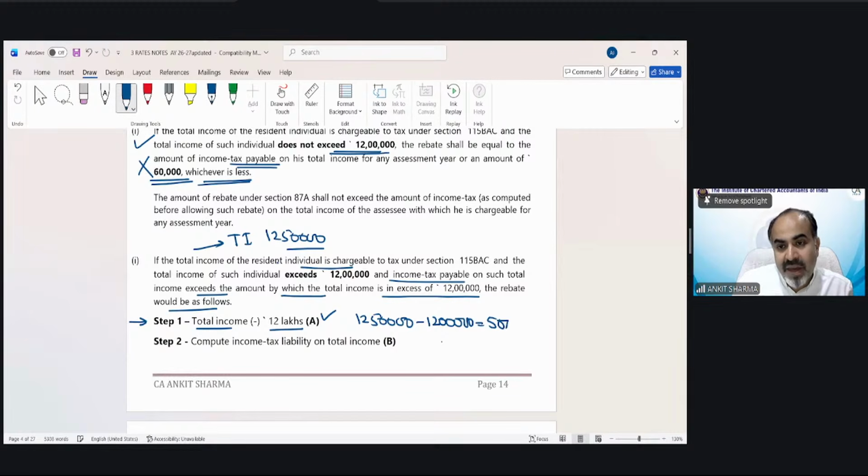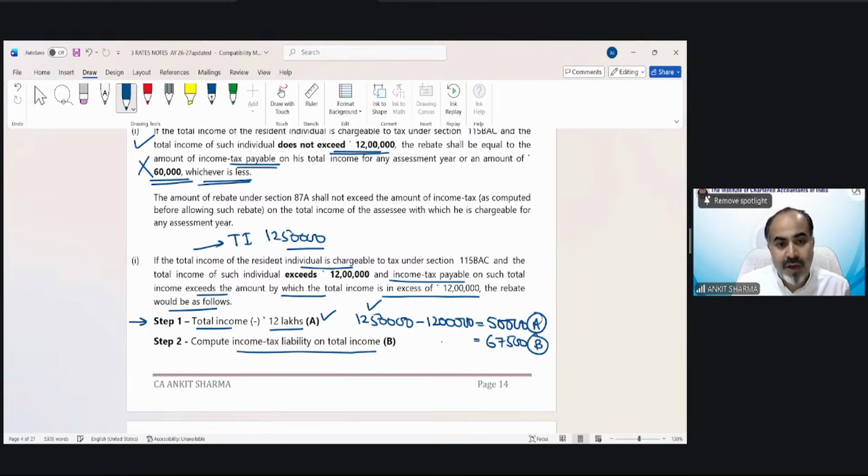So step A is 50,000. Clear? Now compute income tax liability on your total income. So whatever total income has been given in the question, calculate the tax liability on this income. So now if you calculate the tax on 12 lakh 50,000, that would come to 67,500.